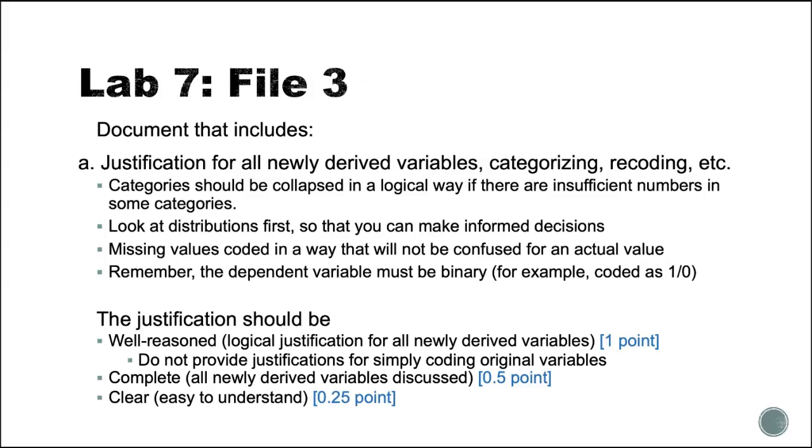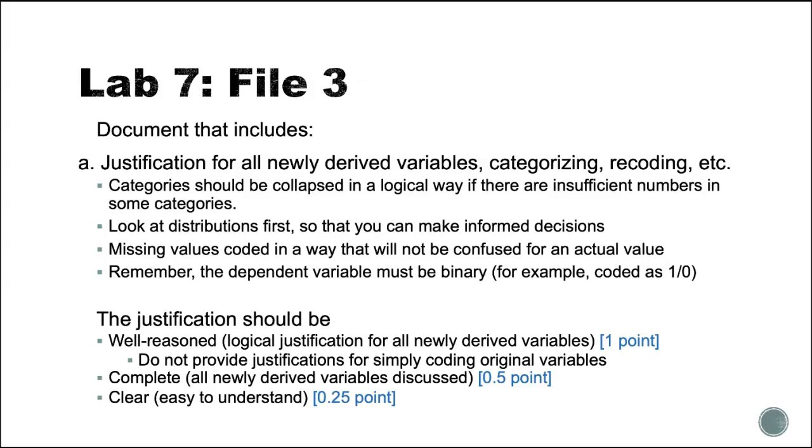So you should justify based on what it is you're trying to show with your variables and also the distribution of the data in that variable. You should think about what your justification is, and you should write up your justification.